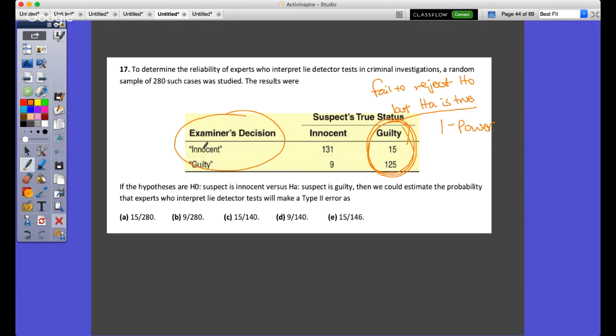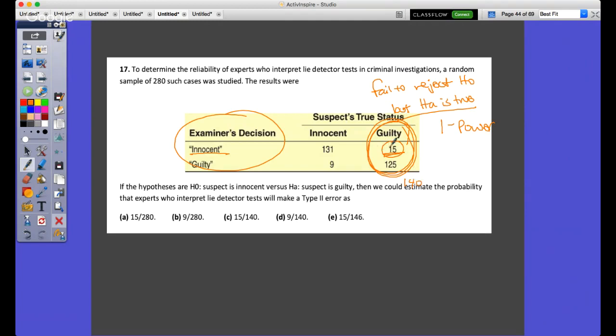Okay, so that would mean this could possibly be 15 right here, because if we fail to reject, meaning that the suspect is guilty and we failed to do that, we would say that he's innocent. That'd be 15 over the total of 140.